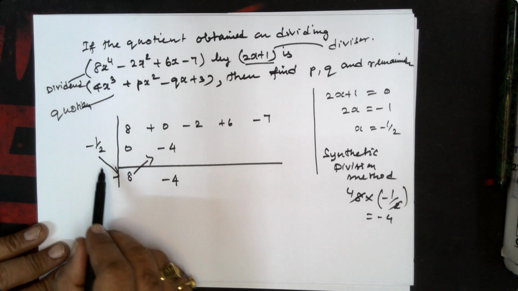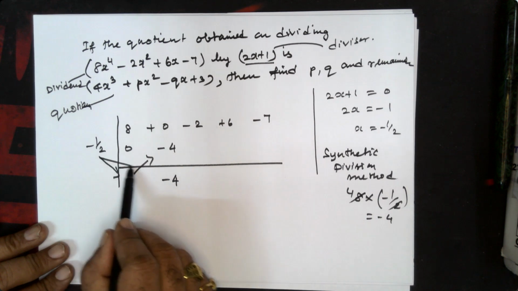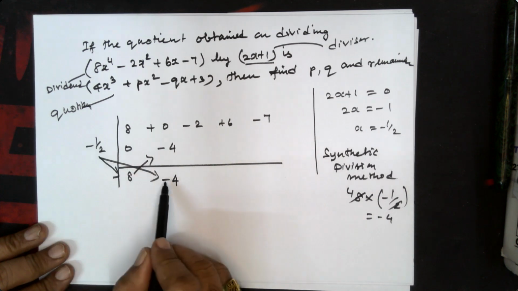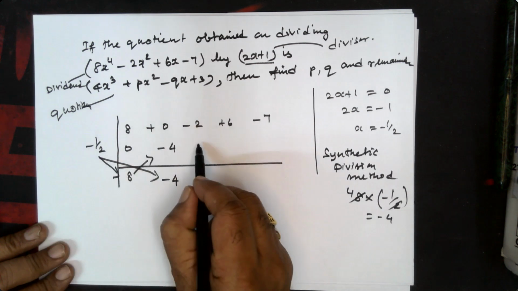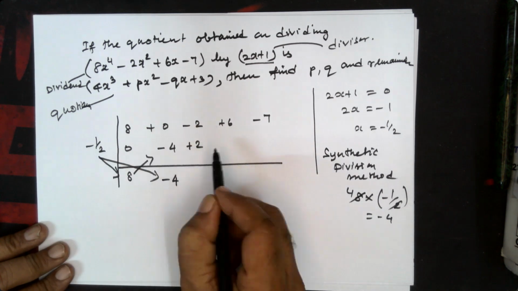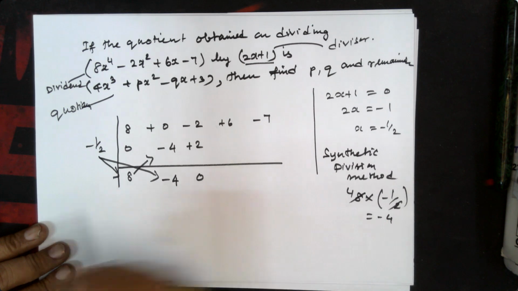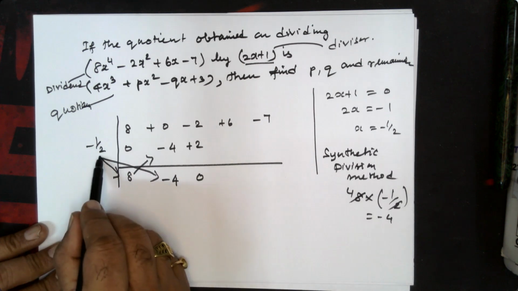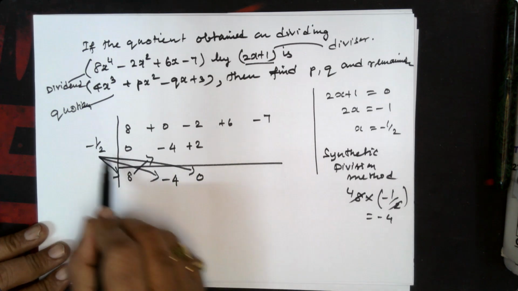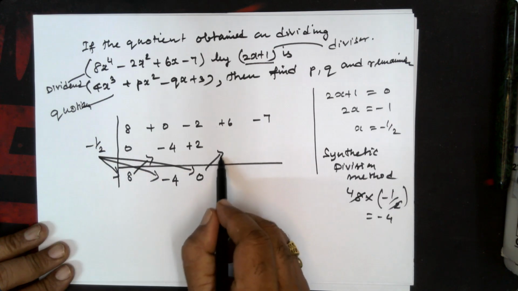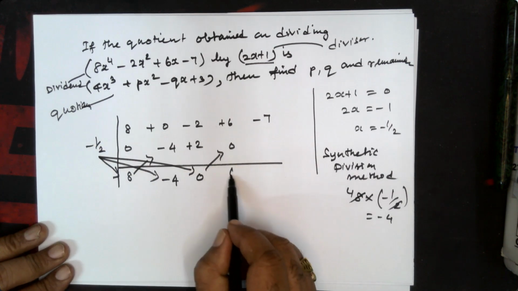Then again you have to multiply. Minus of minus plus, 4 into half, 2. So this is plus 2. Add 0. And again multiply: minus half into 0, 0. Add 6.